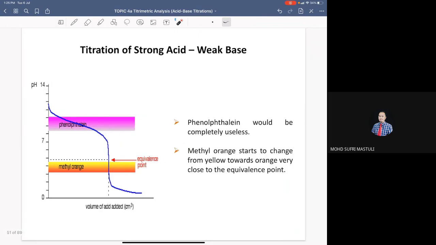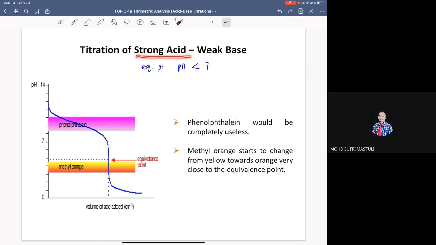So titration of strong acid and weak base. The equivalent point of strong acid, if you still remember, the pH should be less than 7 because it's a strong acid.